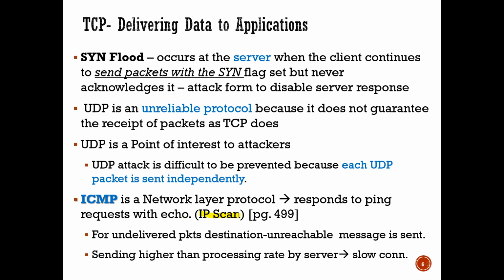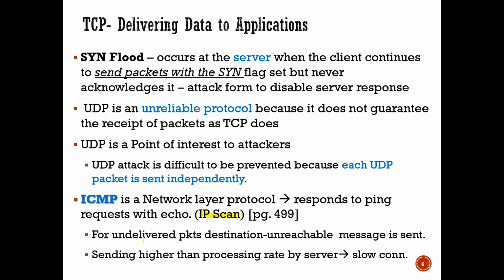Any attacker initiating an IP scan attack can sniff the IP, get the source and destination, and also what kind of protocol is used, either UDP, TCP, or FTP. So for undelivered packets, this is how ICMP works.